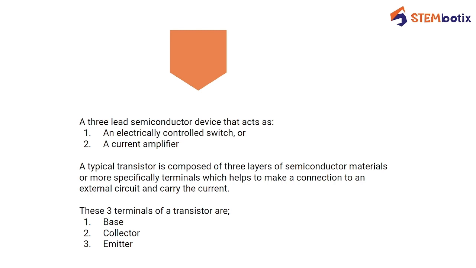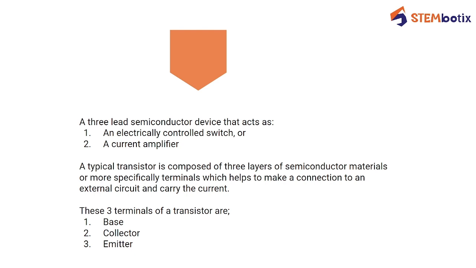You can control the external or main circuit which is connected to it, and also you can use it as a current amplifier, meaning it is capable of amplifying signals. So the two main functions of a transistor are that you can use it as a switch to turn on or off the circuit connected to it, and also it is used to amplify signals.